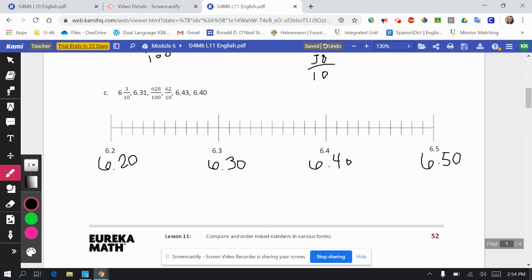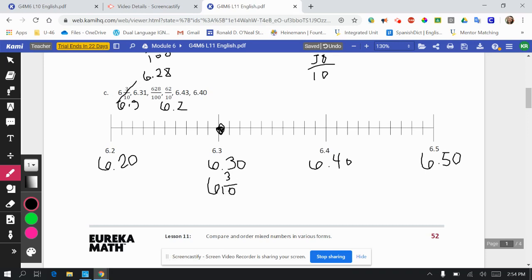So coming back to my list, not in standard form, I'm going to take a moment to do that. 6.3, that should be a 3. Oh dear. 628 hundredths becomes 6.28, and 62 tenths becomes 6.2. Time to label.